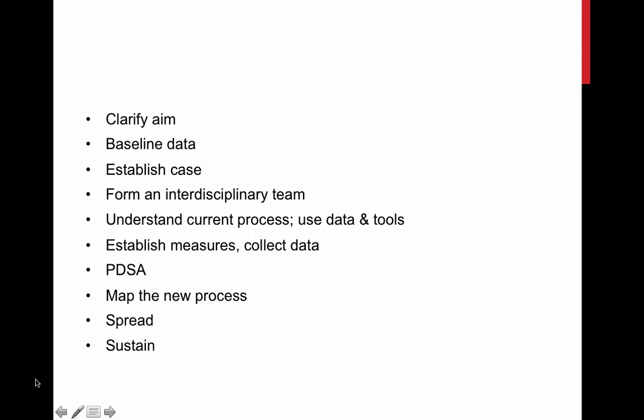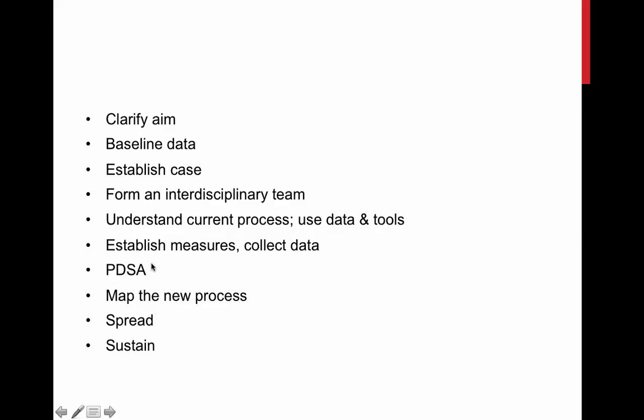First, you clarify your aim for the project, then you collect some baseline data, then you establish a business case about why this project is important. You form an interdisciplinary team to work on it. You understand the current process, what is happening right now, and you use your baseline data and certain tools.